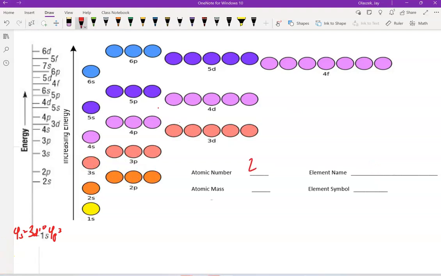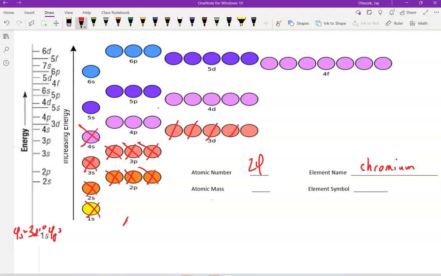So we know the atomic number is 24. We know this is an element called chromium. We're going to say we have 24 electrons: 1, 2, 3, 4, 5, 6, 7, 8, 9, 10, 11, 12, 13, 14, 15, 16, 17, 18, 19, 20, 21, 22, 23, 24.